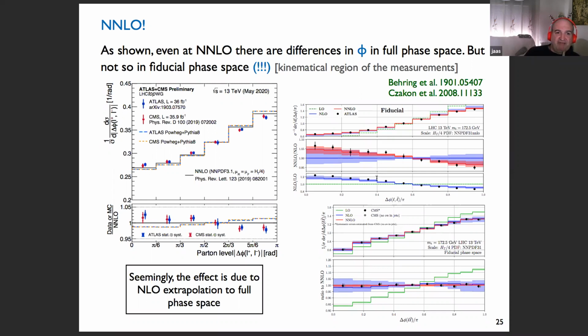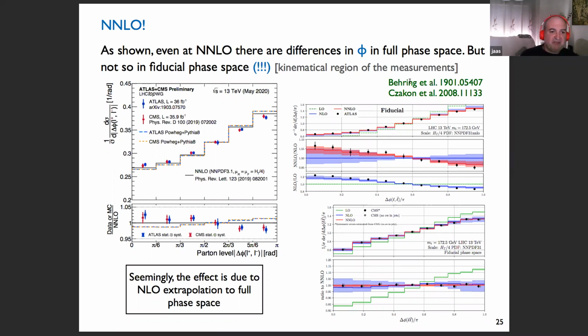On the top panel, you have ATLAS. They have to apply more or less the cuts that ATLAS uses in the fiducial region. And then you see that, for example, here, it's closer than it is in this plot at the left. This was done in this first paper.